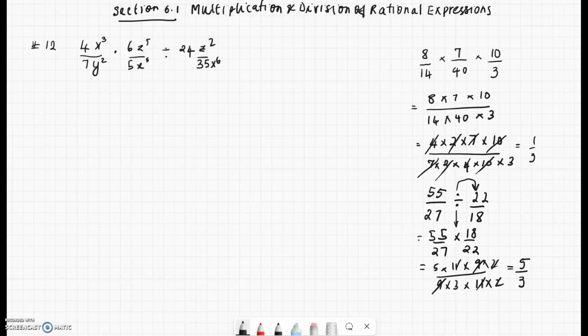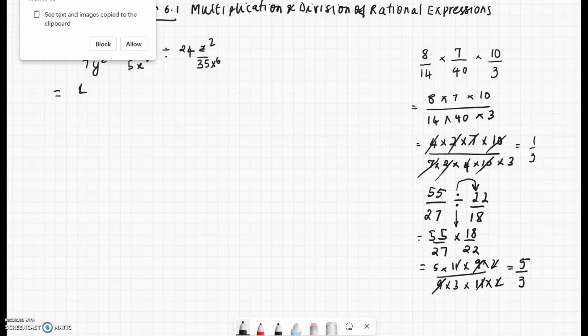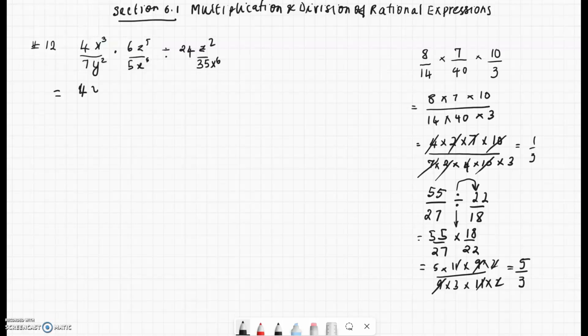Now, the exact same process has to be followed in this situation, except that now you have algebraic expressions that you multiply and divide. So let's do the multiplication and division. So we have 4x cubed over 7y squared divided by 5x to the 6th over 6z to the 5th.